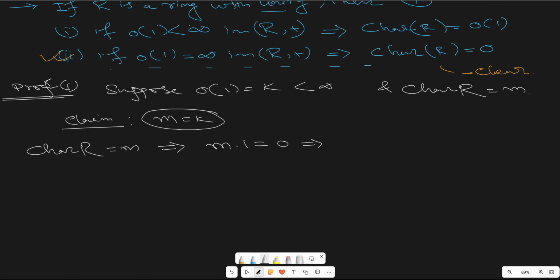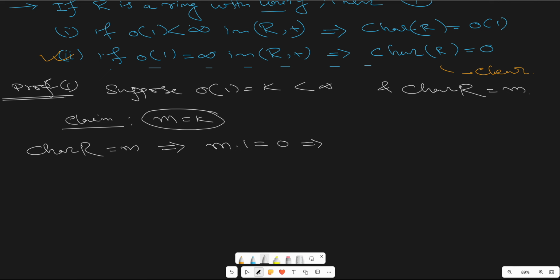But can you say that m is the order of 1? You cannot say, right? Why can't you say? Because m might not be the smallest one. There might be a positive integer strictly less than m that still gives you 0.